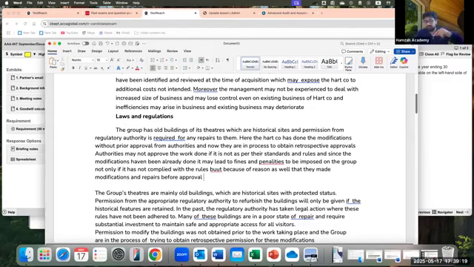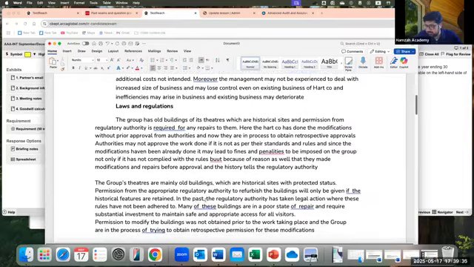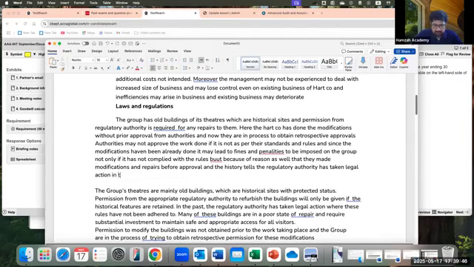Now, the history tells that the regulatory authority has taken legal action in the past where the rules have not been followed.